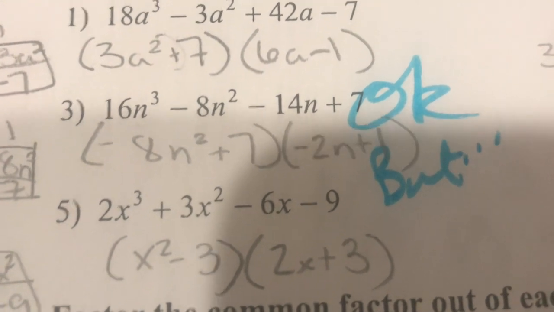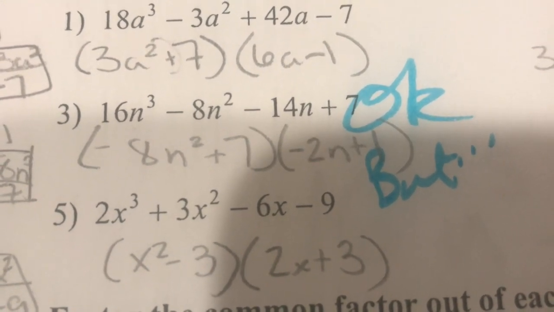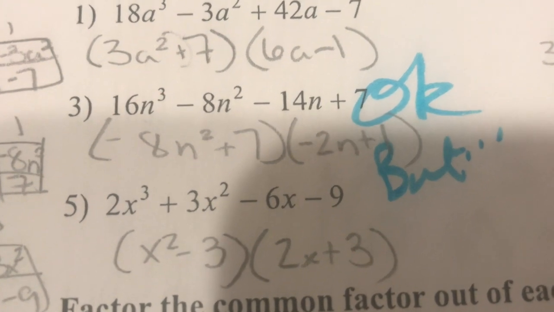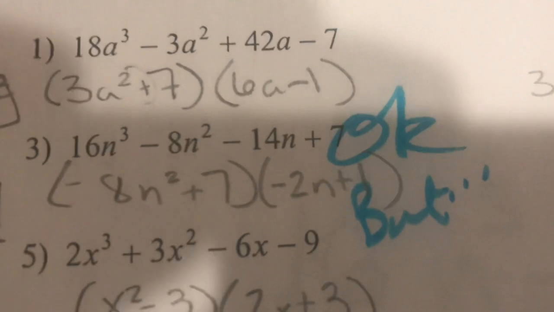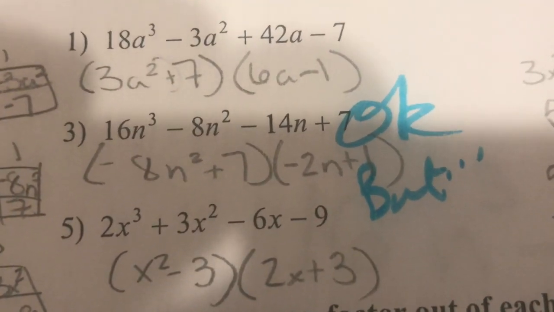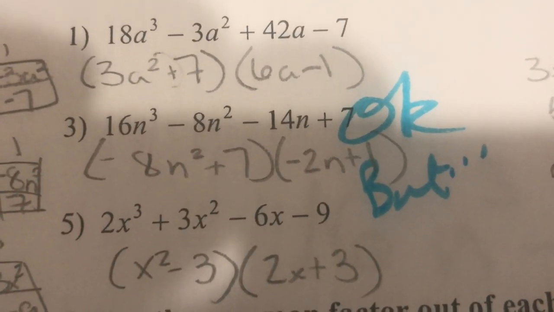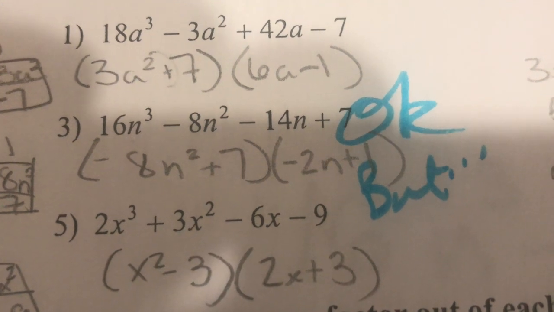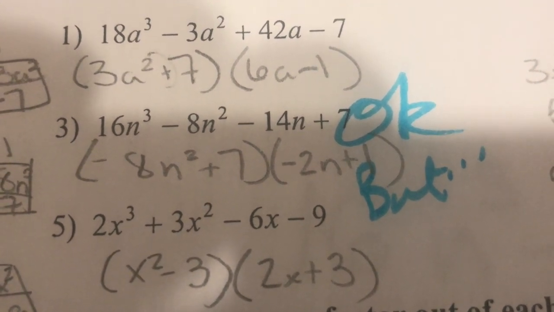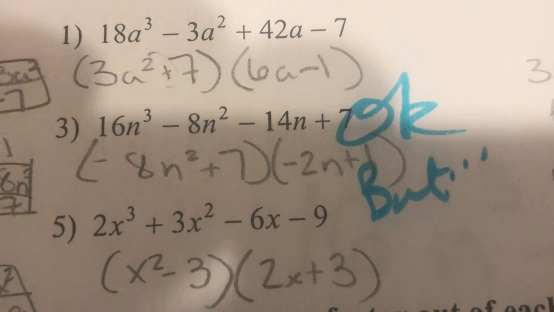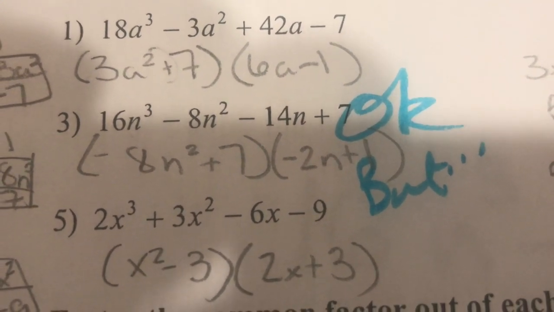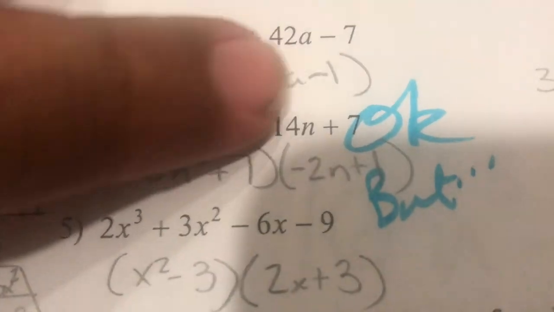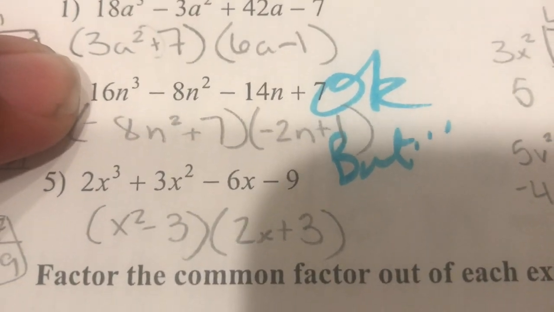So the first section said to factor each completely, and I wanted to highlight a common mistake that was made. Not technically a mistake. In fact, on most of your papers I wrote "okay, but." And the but here is that when we're factoring, as much as possible, we want to leave our leading coefficient positive, especially when our leading coefficient is positive.